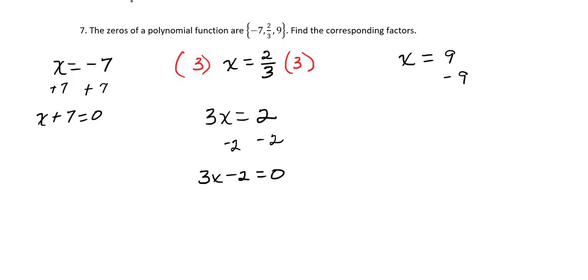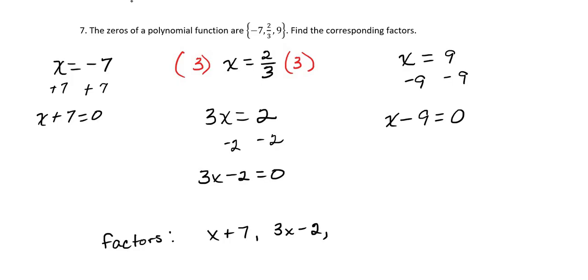And on my last 0, I'm subtracting 9 from both sides. So x minus 9 is equal to 0. So my corresponding factors are x plus 7, 3x minus 2, and x minus 9.